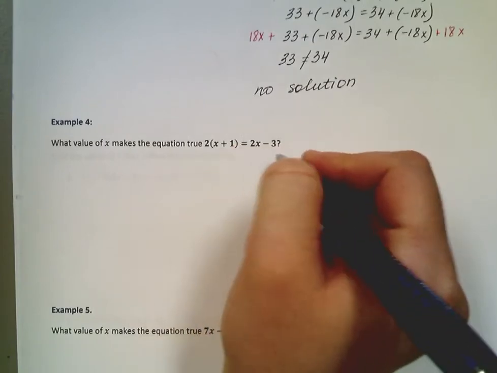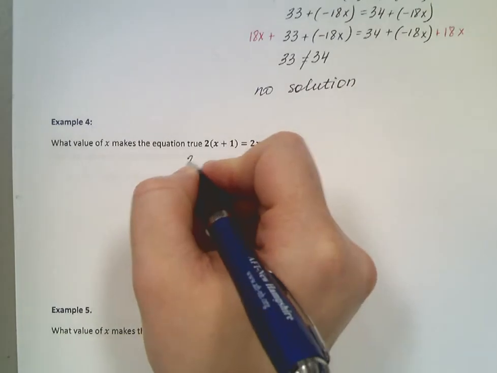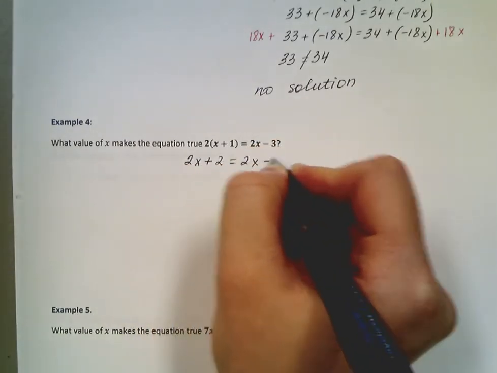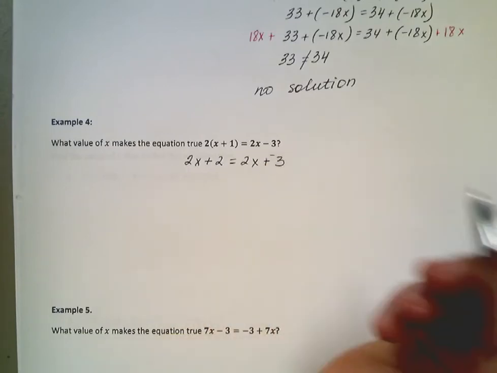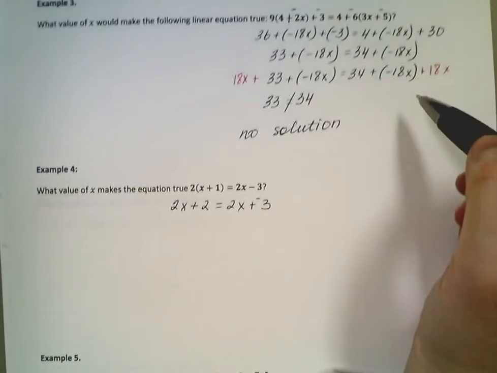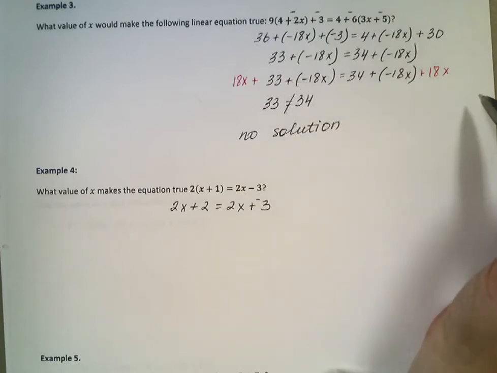2 times (x plus 1) equals 2x minus 3. So I'm going to open the parentheses. 2x plus 2 equals 2x minus 3, or plus negative 3. Notice again, I don't even have to do all of this work that I did in example 3. There I was moving my 18x to both sides to see that I can actually make a 0.